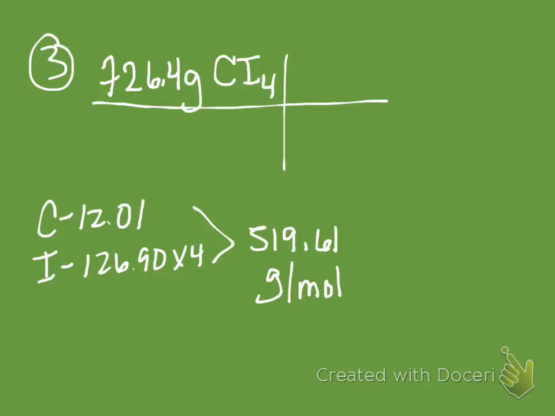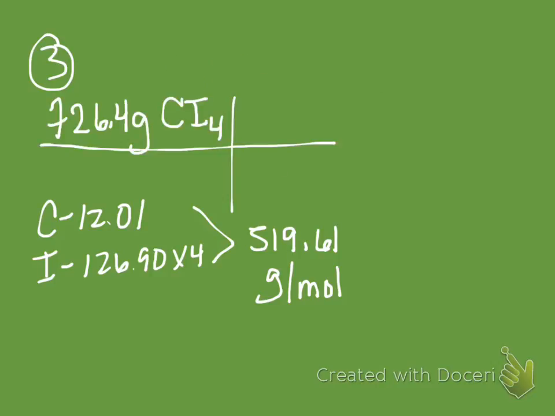Now, here's the question I have. This one asks how many molecules there are. What are we back to? GMA. But instead of atoms now, we're dealing with molecules. So you still have to go through moles. So we're going to have to make that middle step a molar conversion.